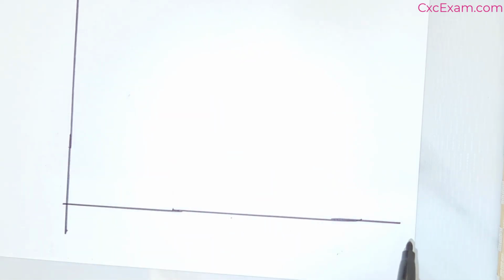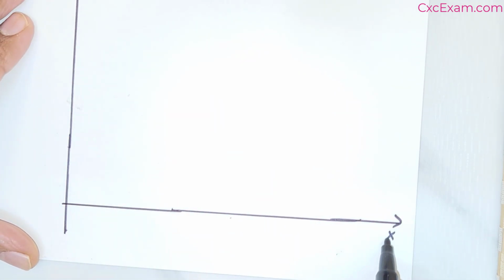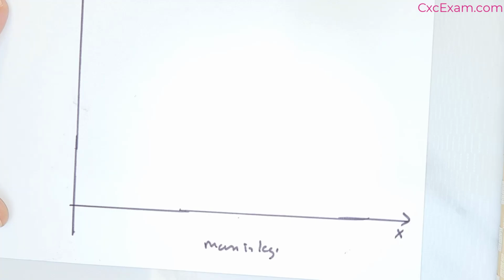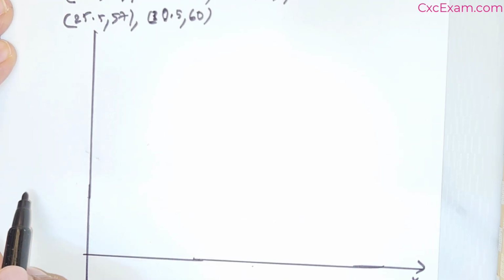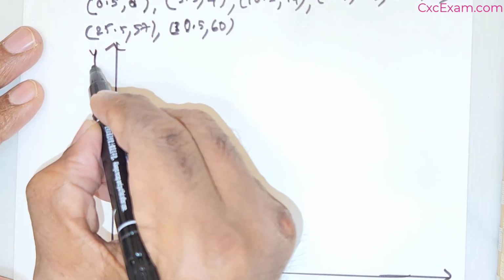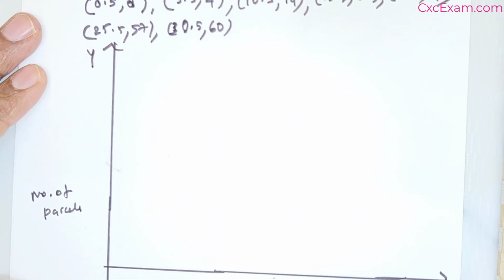This is my x-axis, this is mass in kg, and this one would be number of parcels. Now the weight is starting from 0, right?